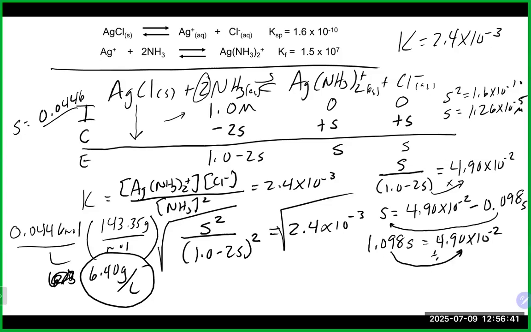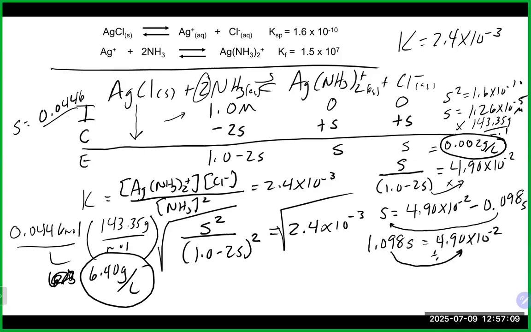That was the molar solubility of silver chloride in water, which if we multiply by the molar mass of silver chloride, like we did in that first example, remember, we got basically 0.002 grams per liter, yeah? So remember, in water, the solubility of silver chloride is 0.002 grams per liter.